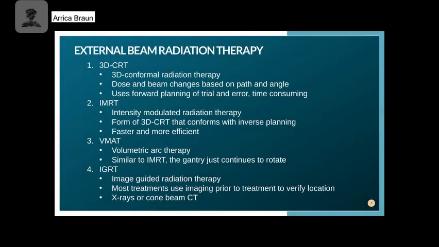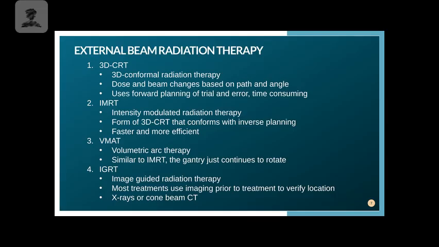Here is the breakdown of a few different types of radiation therapy. So we have 3D CRT, which is also known as 3D conformal radiation therapy. This is done where they look at the dose and the beam changes based on the path and also the angle that it needs to come in at. And so this is using forward planning, trial and error, and it's very time consuming for the dosimetrist.